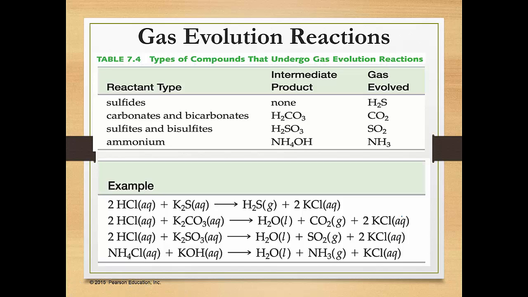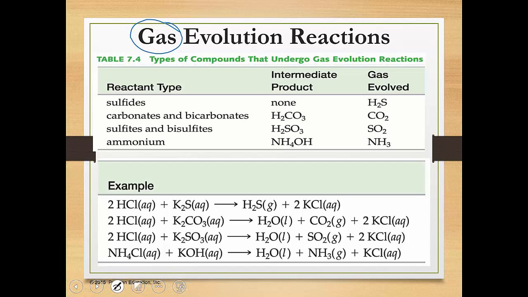Now, another type of reaction that you can have in addition to precipitation and acid-base is a reaction that creates a gas. So these are known as gas evolution reactions. And these are specific to various types of compounds. So Table 7.4 shows you the types of compounds that can undergo gas evolution reactions.